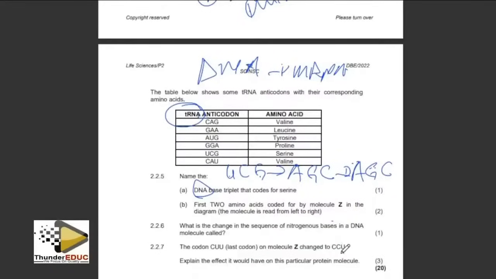They're saying the codon CUU changes to CCU. Now they're saying codons, not anticodons, so I have to convert this into transfer RNA. Sibosiso, are you hearing? All right. This is going to be GAA, and this is going to be GGA.